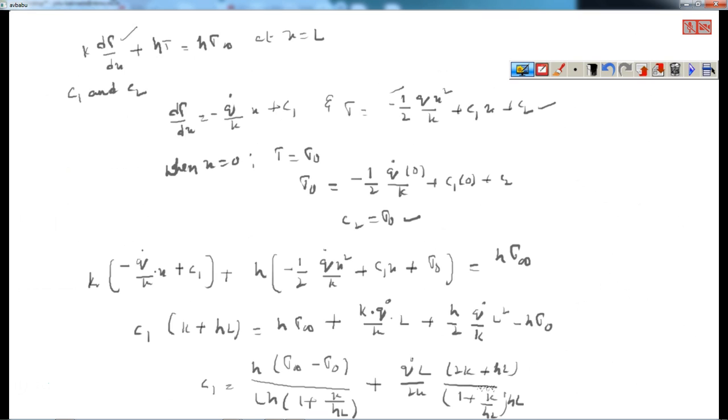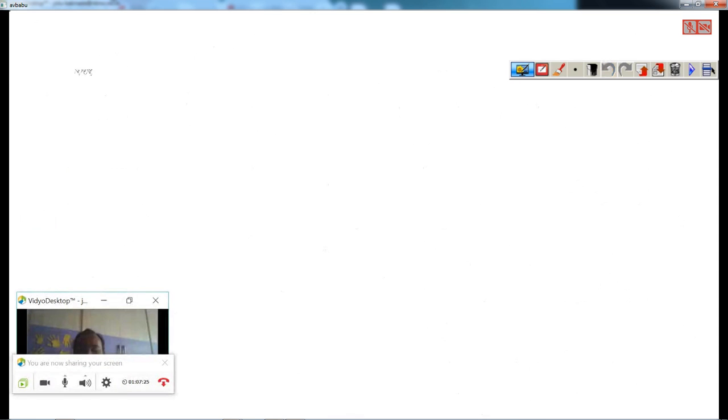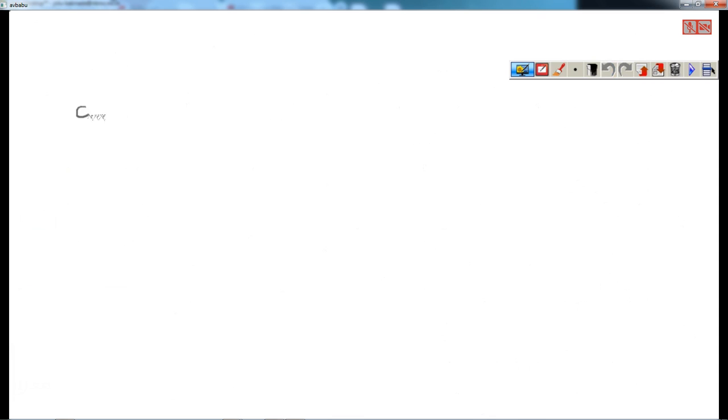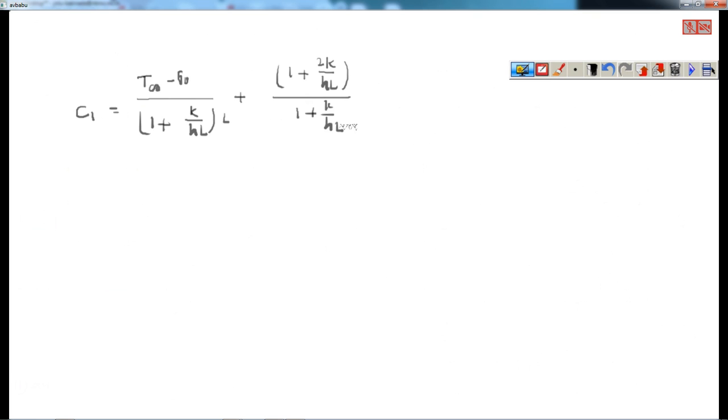Now this h and this h get cancelled and C1 becomes, I will write it in a big way: C1 is equal to T infinity minus T0 divided by 1 plus k by hL into L, plus 1 plus 2k by hL divided by 1 plus k by hL.